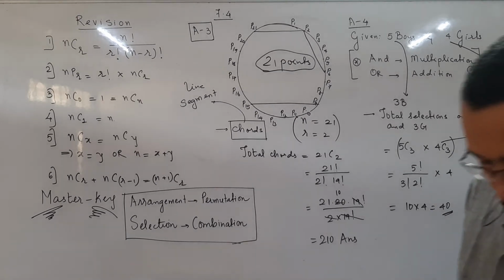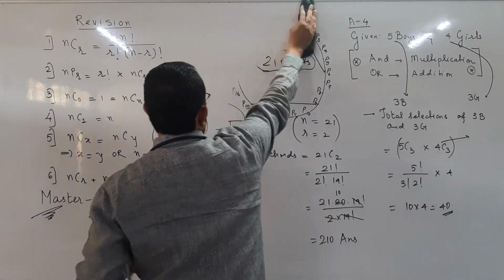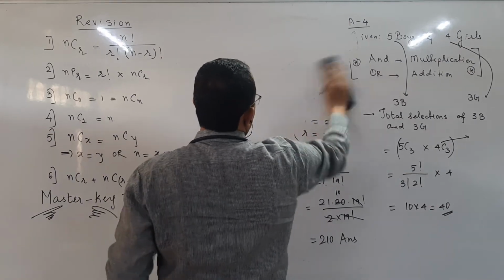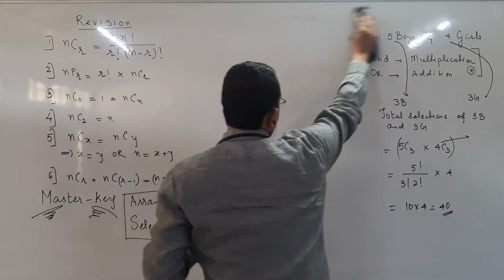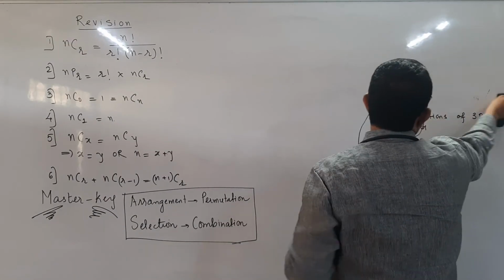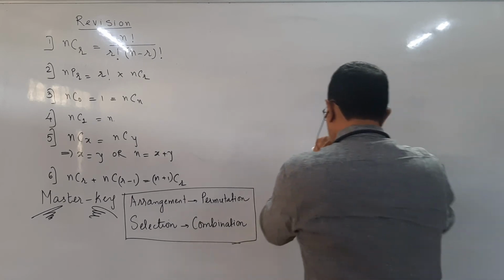Now, students, we are doing sums number 5 and 6, 2 sums at a time. 4th we have already done. So now we are doing sum number 5.